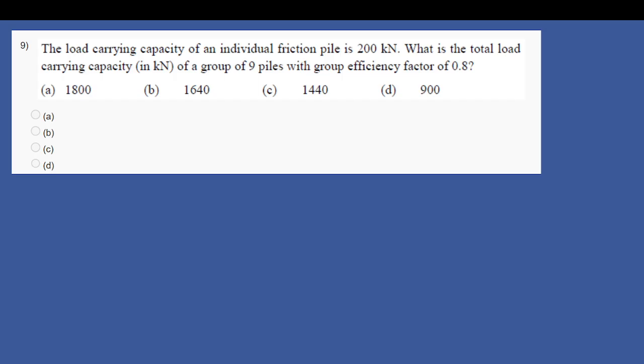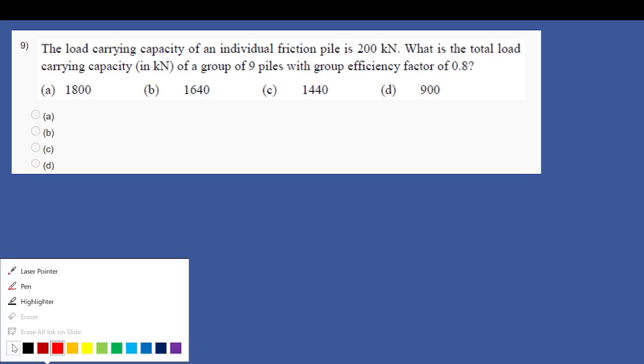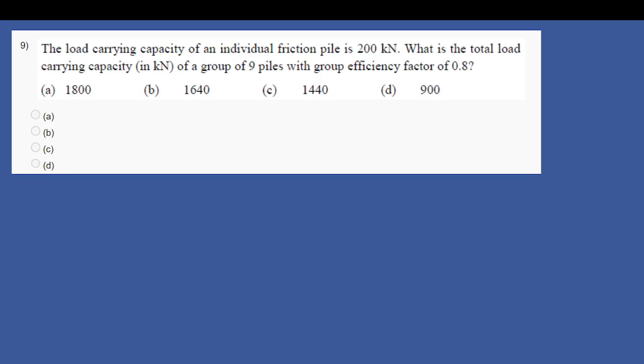What you are basically having is the load of the individual friction pile.